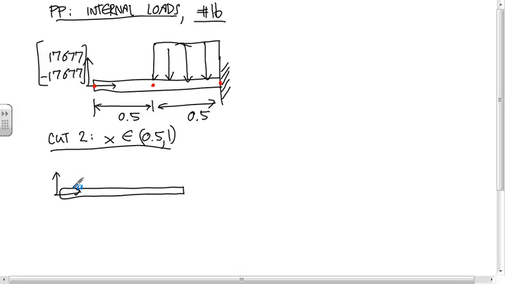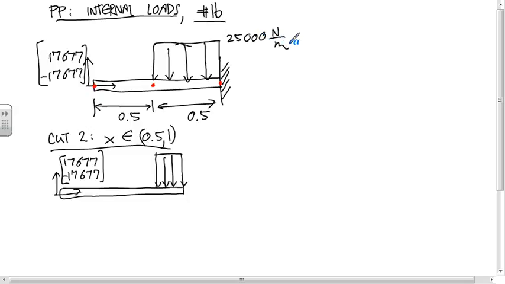So our free body has the forces at the left, 17,677 and negative 17,677, and then some amount of this distributed load. The magnitude of this, by the way, is 25,000 newtons per meter. And then we have the internal loads.